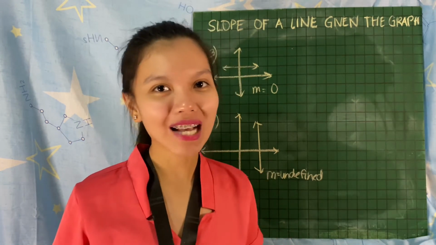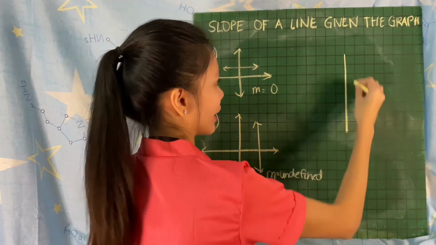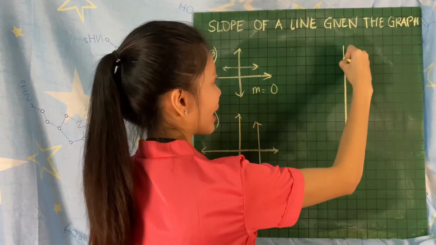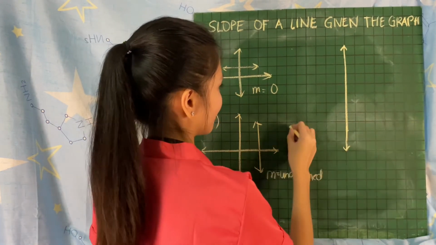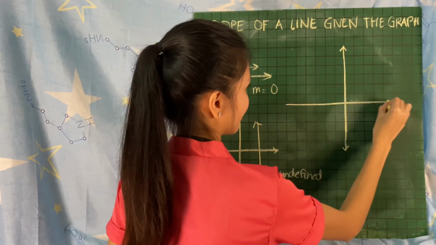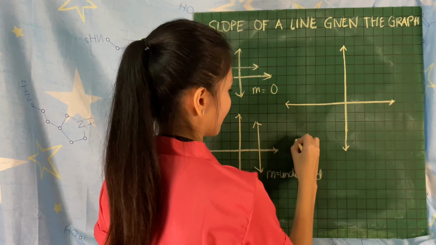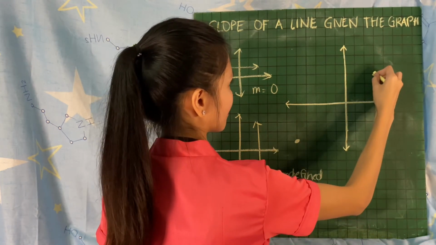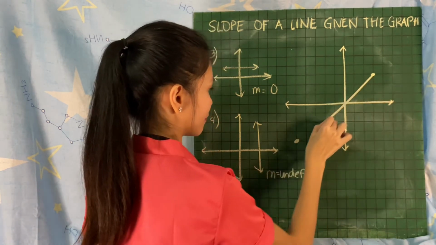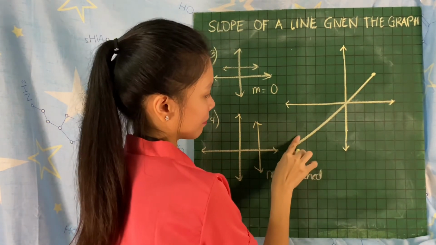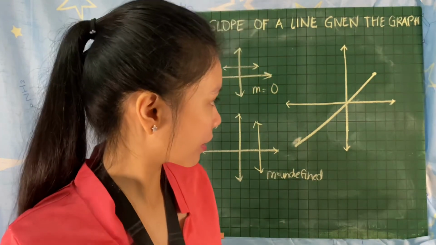For our last example, sabayan nyo ako sa pagkuha ng ating slope. Okay, again, hindi nagpantay yung ating line.